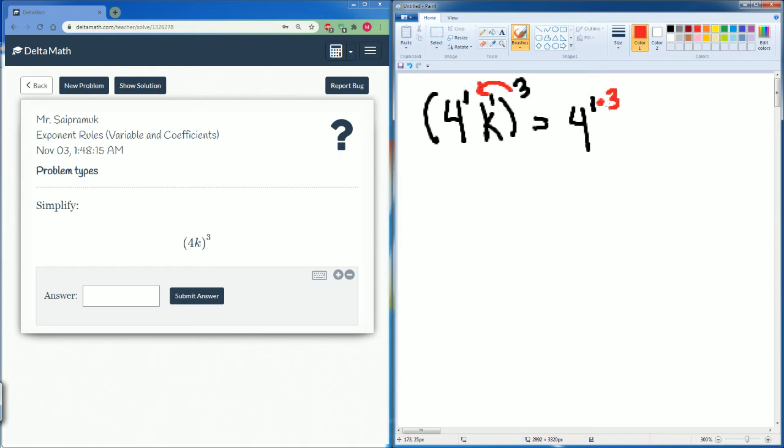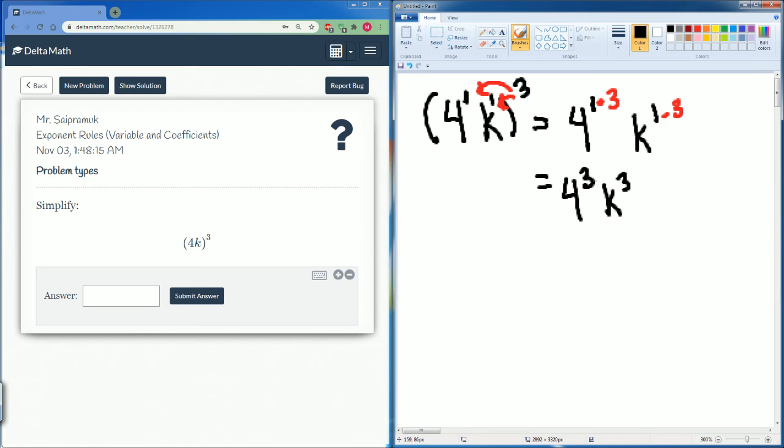Then you have k to the 1st power. That's going to be multiplied by 3. For 4, 1 times 3 is 3. For k, 1 times 3 is 3.